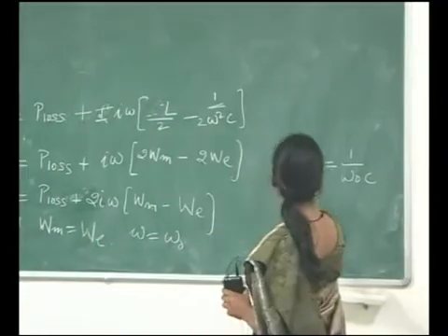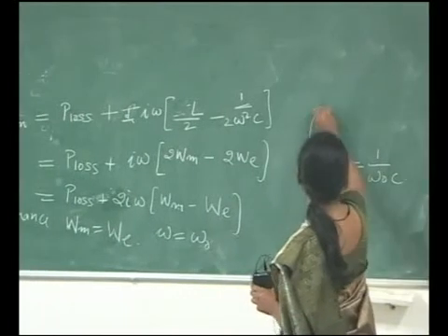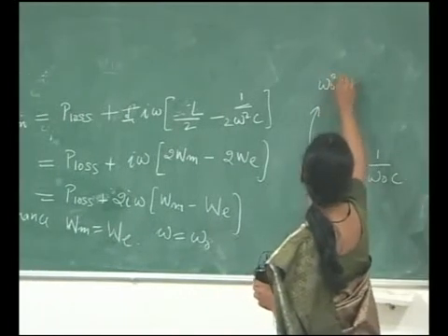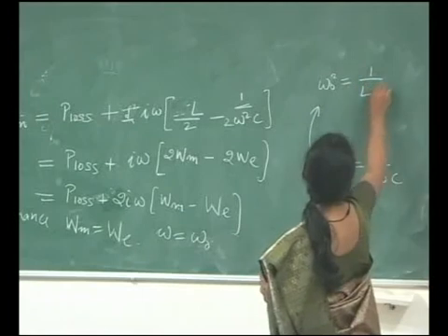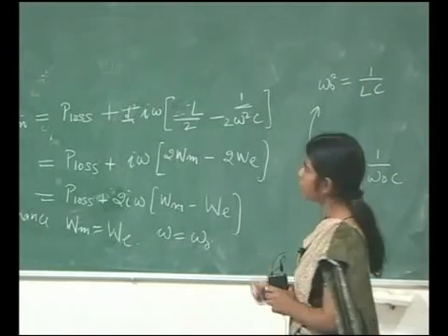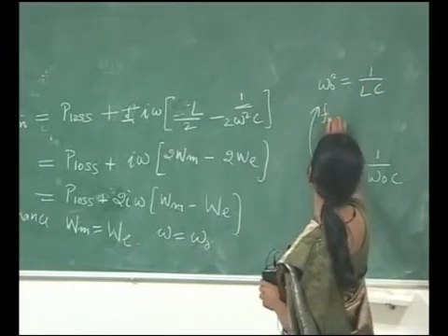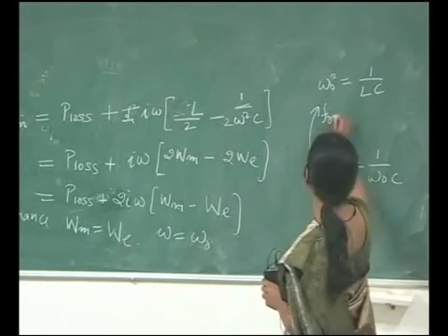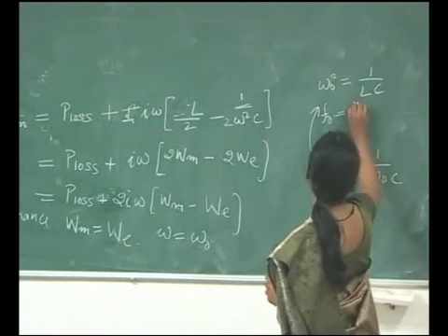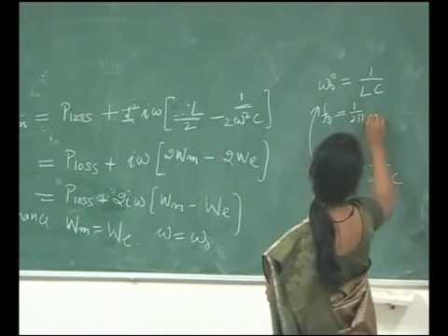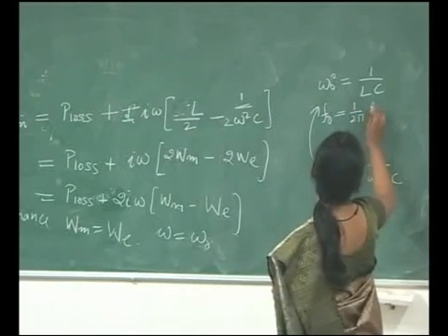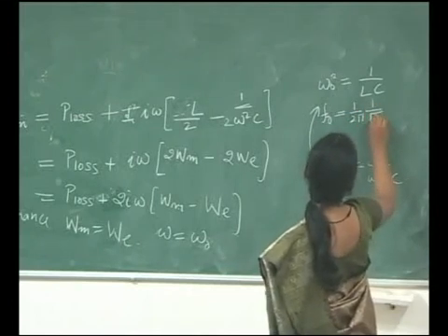So from here I get omega 0 square is equal to 1 upon LC. Okay, or I get F0, resonance frequency, is equal to 1 upon 2 pi under root LC.